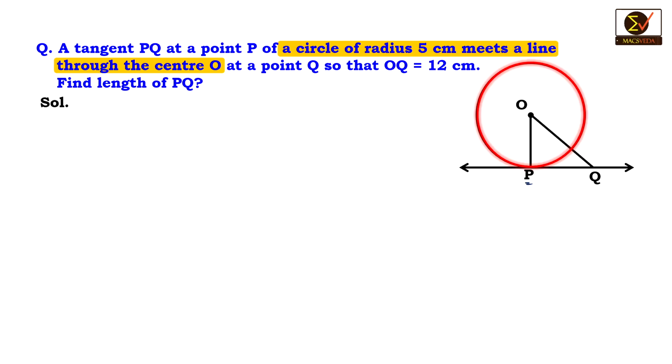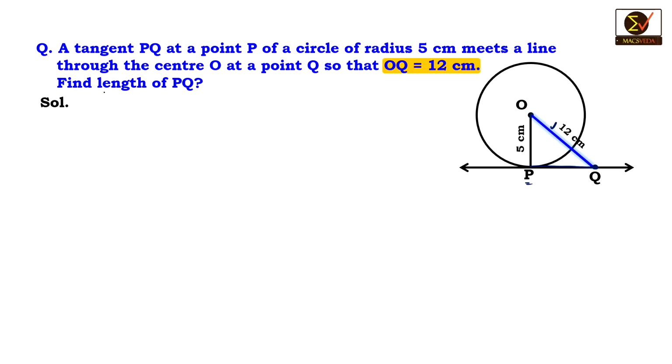Because P is the point of contact, OP is the radius, so OP is equal to 5 centimeters. This tangent PQ meets the line through the center at Q, so that OQ is equal to 12 centimeters. Then we are asked to find PQ.